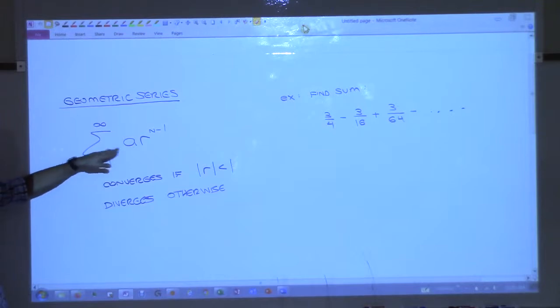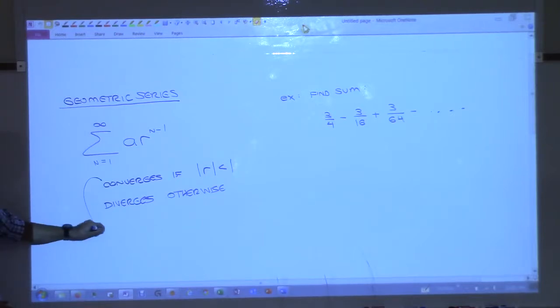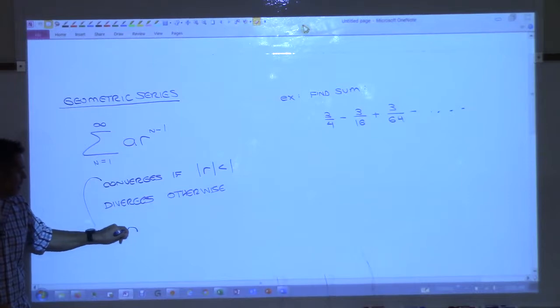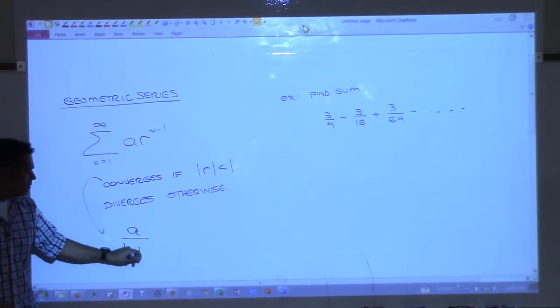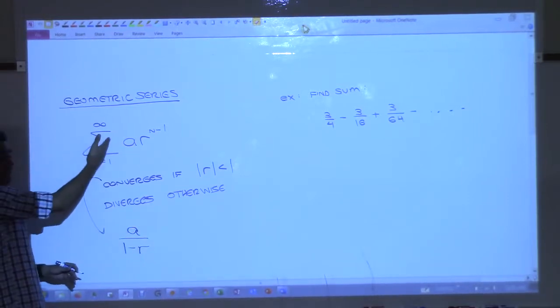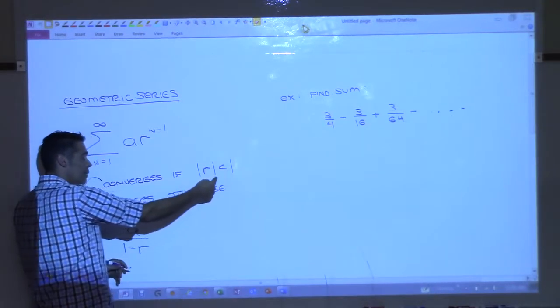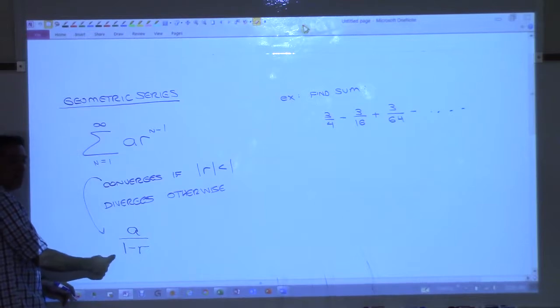For this, we have to somehow turn it into this and then determine what R is. Oh yeah, by the way, we didn't put it up here, but when it converges, what does it converge to? A over 1 minus R. That was this sum actually becomes A over 1 minus R. In the event that the absolute value of R is less than 1, this sum will converge to that number.